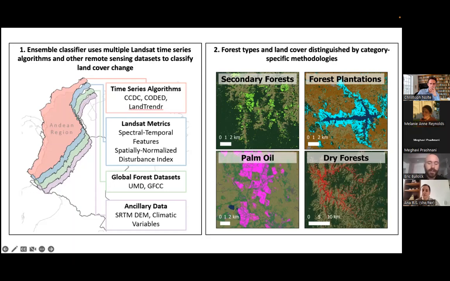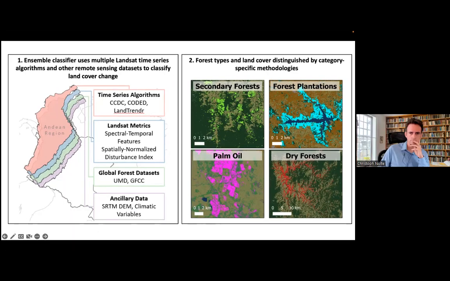So instead of trying to use a single algorithm itself, we're basically letting the classifier choose between the different algorithms and determine when and where precisely there is forest cover change. And that's just to get this data set of forest cover change through time. Not at the level of detail we really need, but that's just the first step.